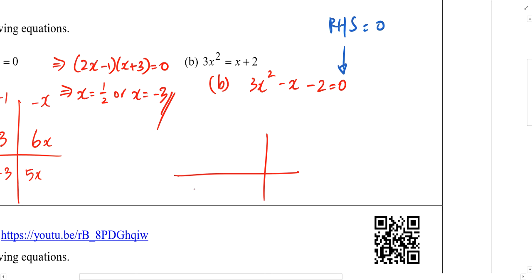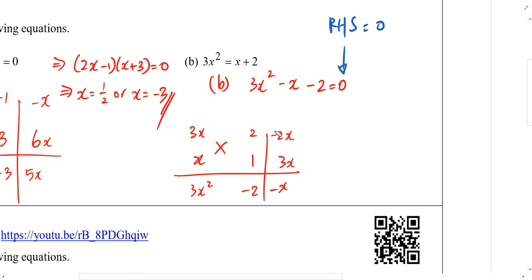Factorize, okay, 3x squared minus x minus 2. Okay, what comes first? 3x and x, the other side. 2 and 1. So I get 3x over here, 2x. Okay, where does the negative sign belong to? Then 3x minus 2x, I get x.